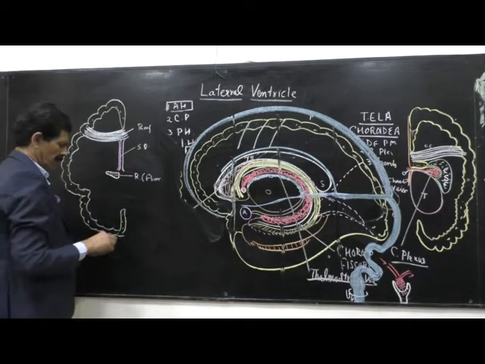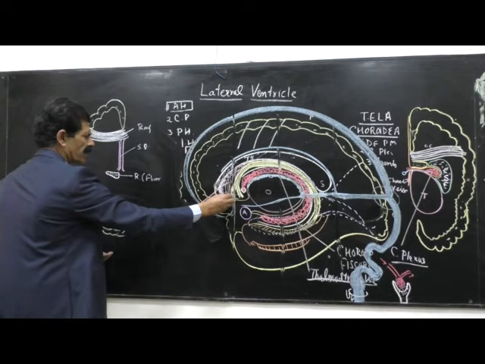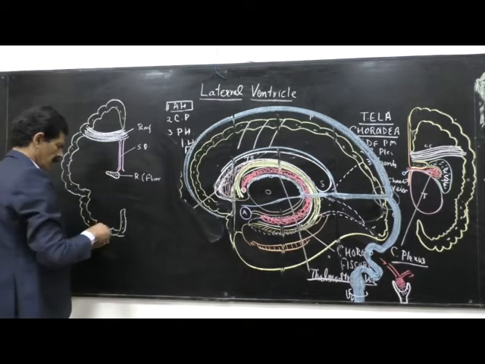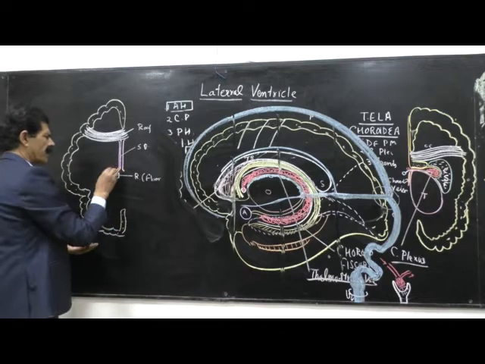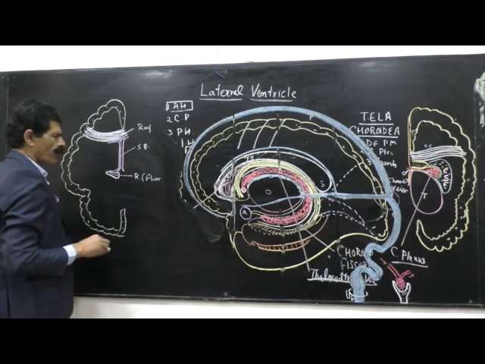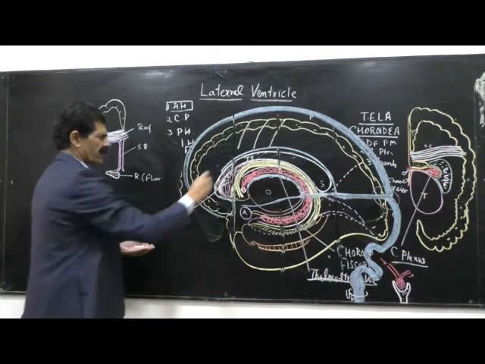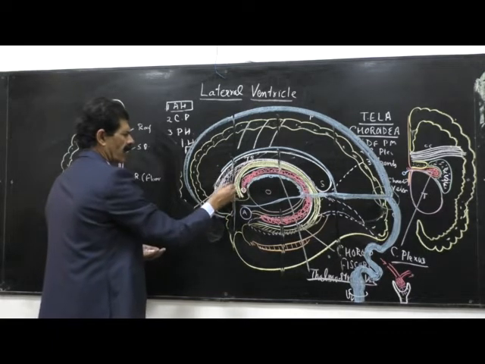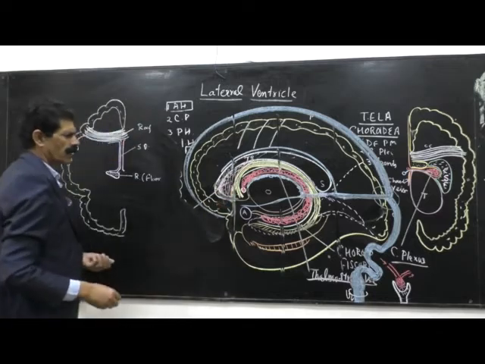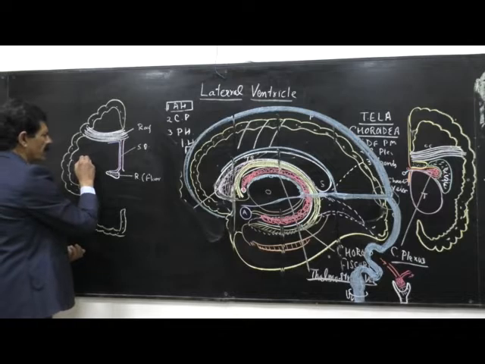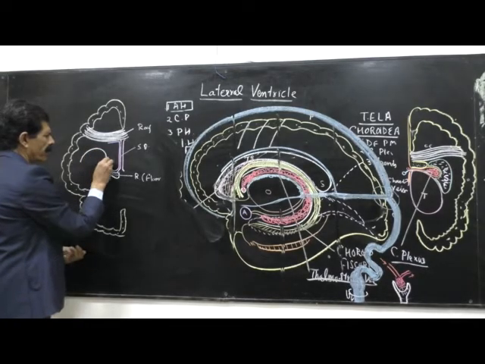As we know, inferiorly the septum pellucidum is attached to the rostrum here, and the same ependyma is lining below. And in this coronal section, lateral to the rostrum, there lies the head of the caudate nucleus. So the lateral wall is formed by the caudate nucleus.